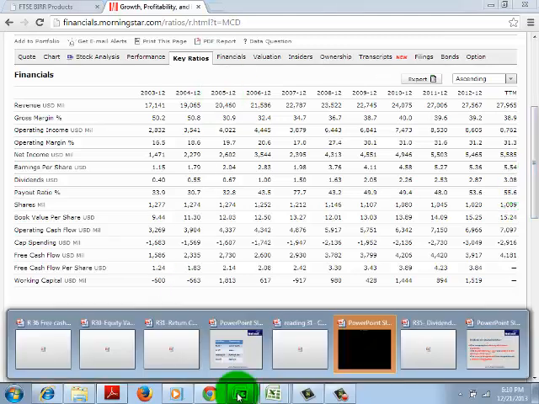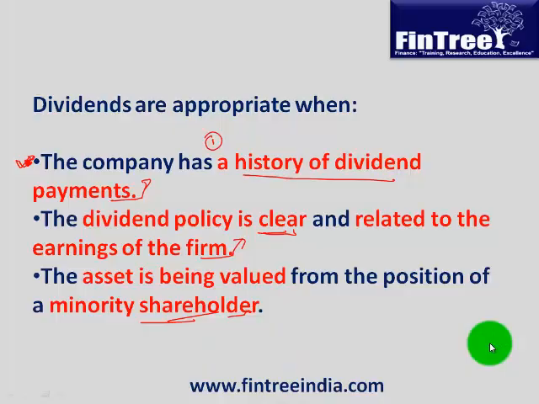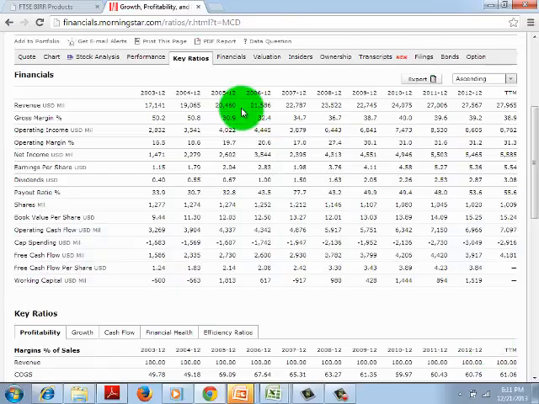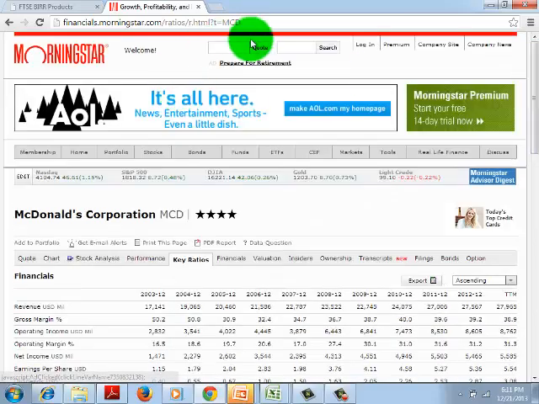Okay, so there is a lot of research available on whether this DDM is actually used in practical scenarios. A lot of analysts said that those companies which have been paying healthy dividends... Oh, there was one more I wanted to show you. Hold on a minute. Yes, this was very interesting.